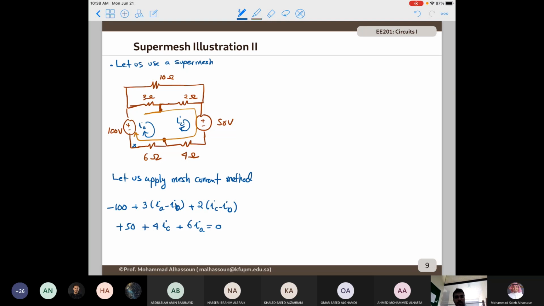So we have a mesh current, we have a KVL that covers two meshes. If I simplify it, I will end up with 9 IA minus 5 IB plus 6 IC equals to 50. This is the first equation.